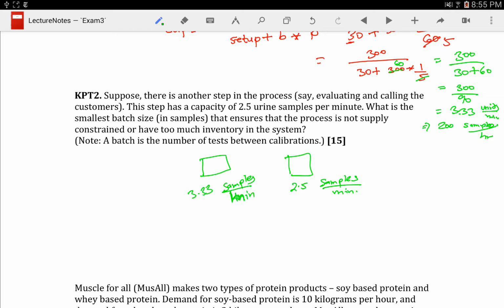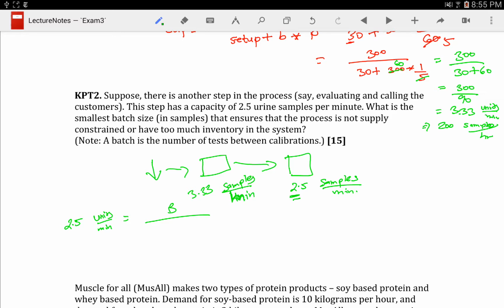Obviously, we're going too fast, because the other step is the bottleneck. Given this is the bottleneck, we have to reduce this step's capacity to 2.5 units per minute. How do we do that? We set a new batch size, which we'll find.